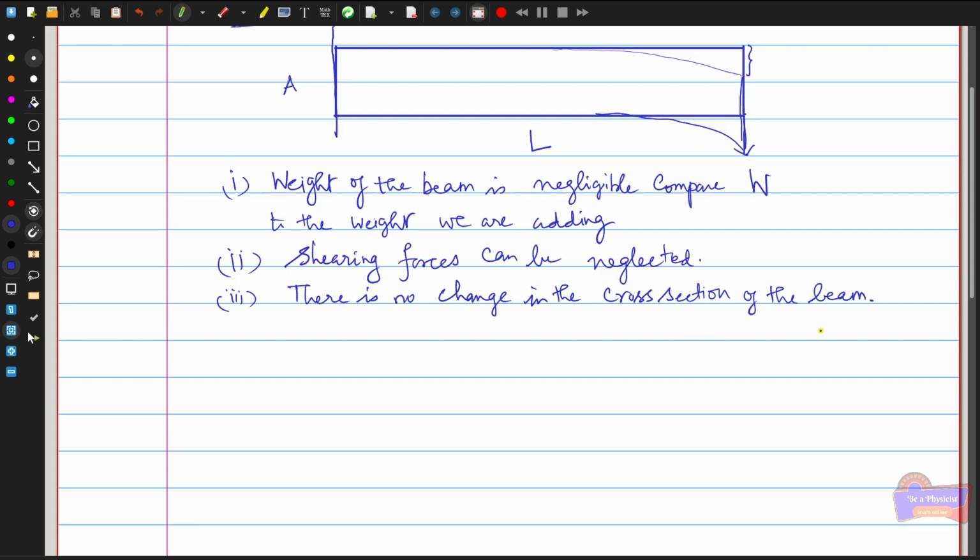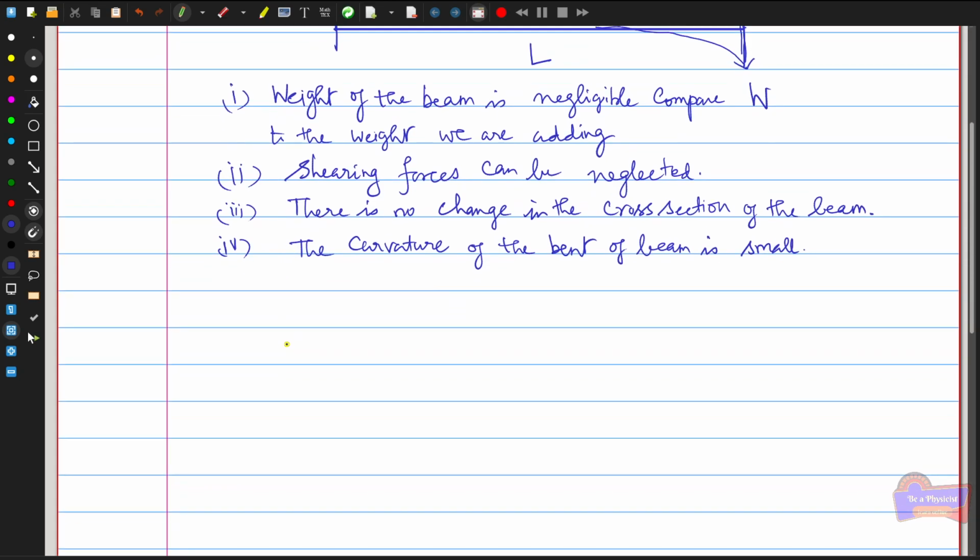This ensures that the geometric moment of inertia does not change as the beam bends. The fourth assumption is that the curvature of the bend of the beam is small. These are the four assumptions we have made while studying the bending of a beam.